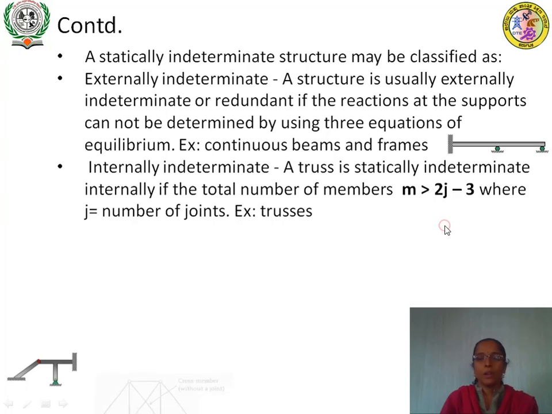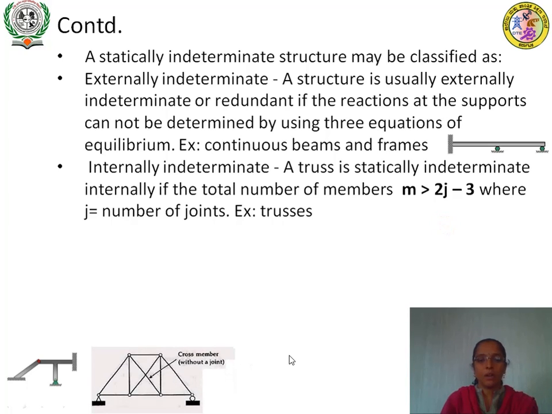For example, if you take a truss like this, it has one hinge and one roller, so this becomes externally determinate. Three reactive components are there, three equations are available, so all three unknowns can be found by the three equations, therefore it is externally determinate.